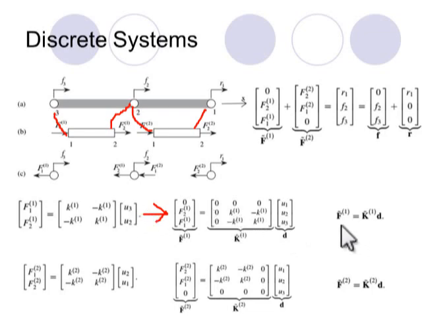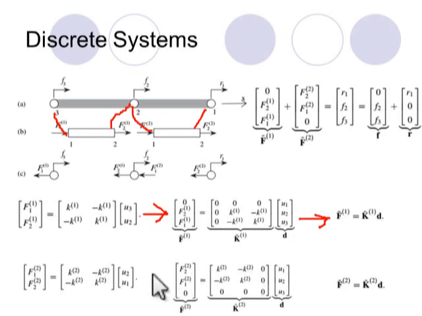So as a result, I can write the force displacement relationship as seen in this expression. So force in element 1 is equal to the stiffness matrix of element 1 multiplied by the global displacements.